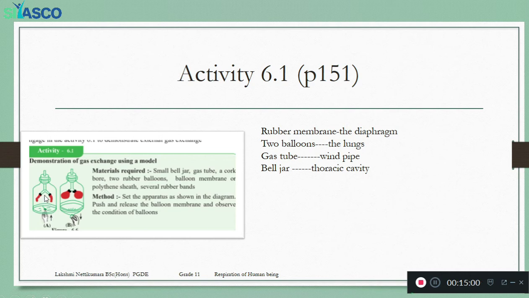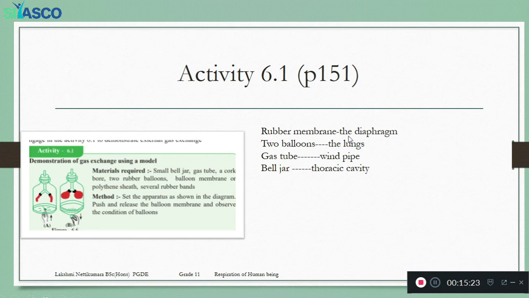So then the air goes up, like breathing out. When you pull it down, what will happen? Volume increases, reducing the pressure. Outward air comes inside and fills the two balloons.